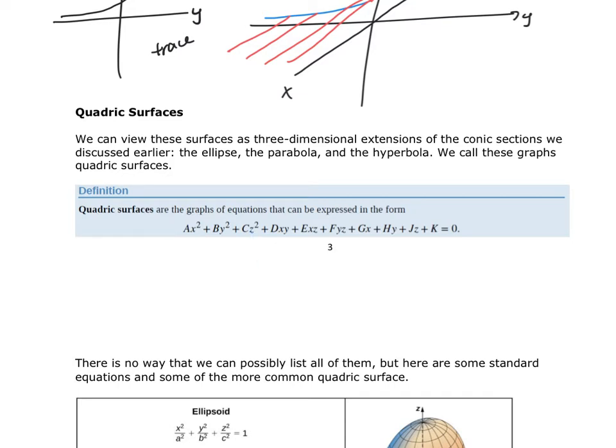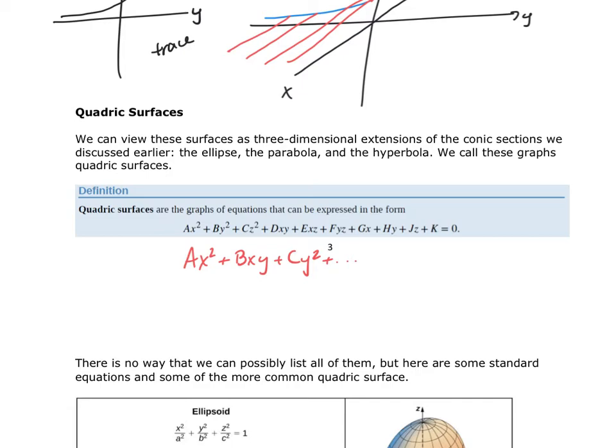Remember, in 2 space, it would have been Ax squared plus Bxy plus Cy squared, etc. Because we're in 3 space, the A will go with x, B will go with y, C will go with z. D will be the xy coefficient, E will be the xz coefficient, and F will be the yz coefficient, and then we get all the way down to the constant.